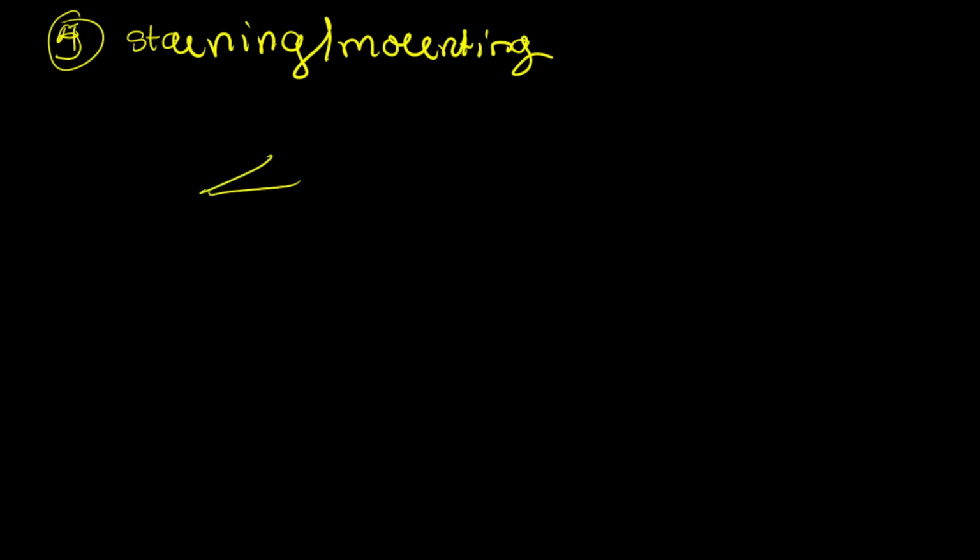What we now have is this very slim sheet of tissue slice. Now in staining and mounting, we want to place this very slim slice of tissue on a slide, and we also want to cover this tissue slice with a cover slip.